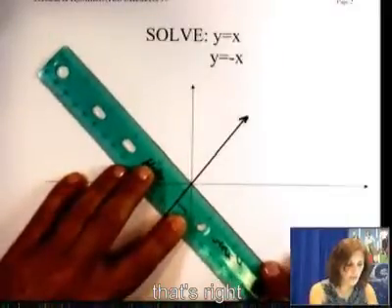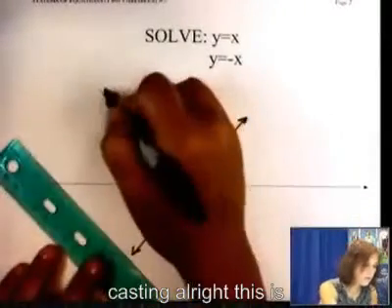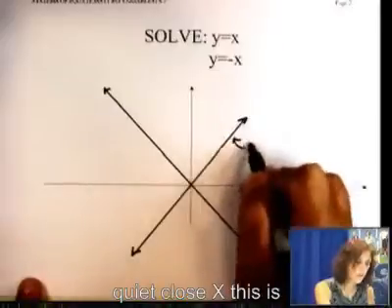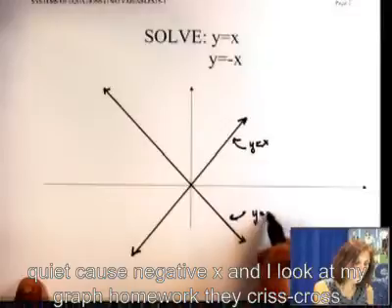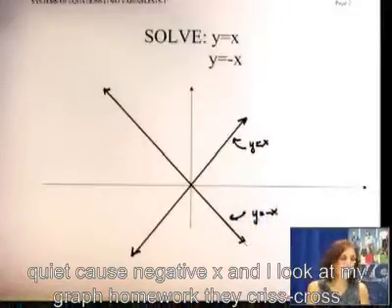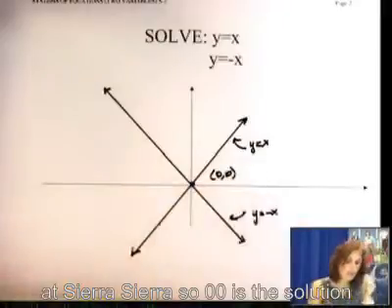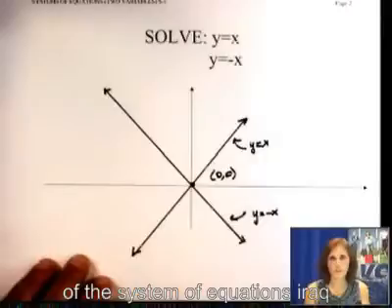Let's make sure this is a 90-degree cross-section in here. All right, this is y equals x. This is y equals negative x. And I look at my graph. Oh, look, they crisscross at 0, 0. So 0, 0 is the solution of the system of equations in there.